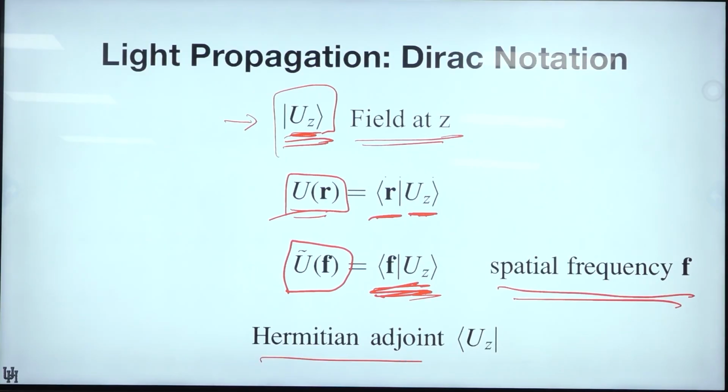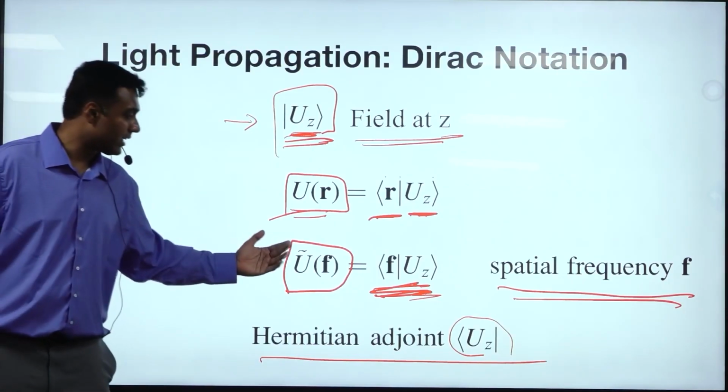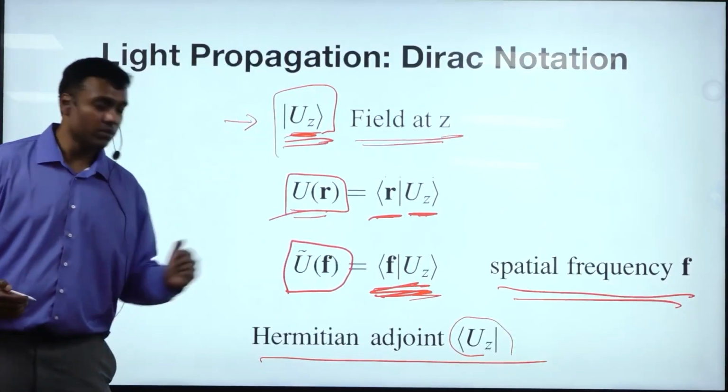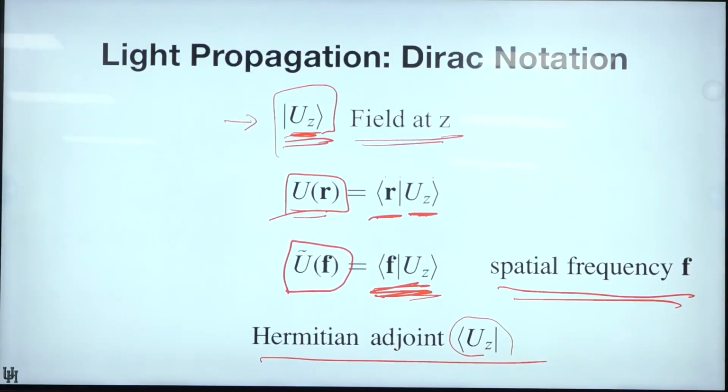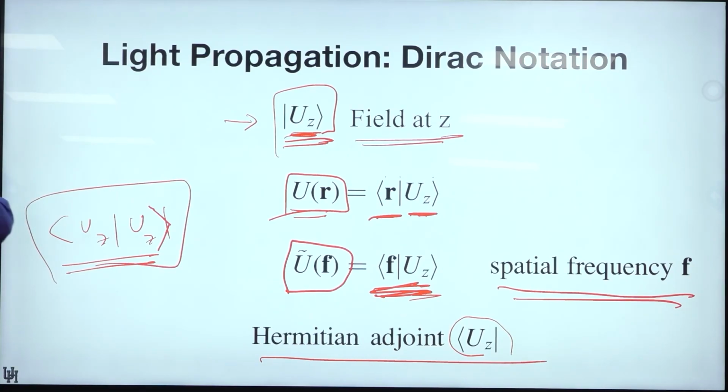And this is the other one, the Hermitian adjoint. If you take u_z and its adjoint and put them together, this will give you the intensity. It's u magnitude squared, so it gives you the intensity of the field.